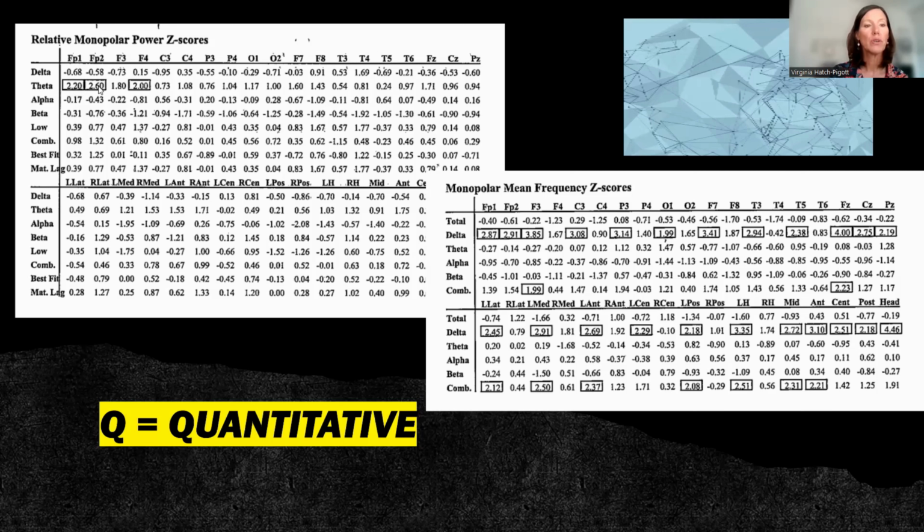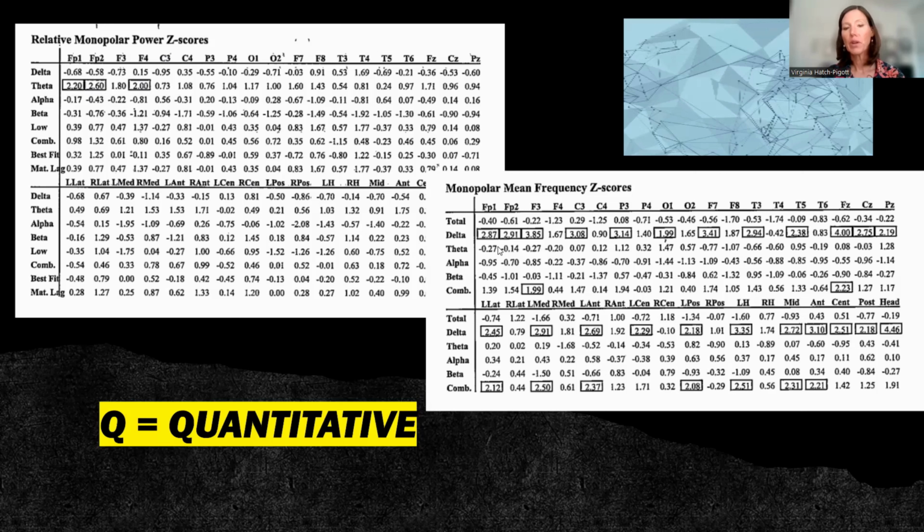At FP2, 2.6 standard deviations above the mean. And at F4, 2 standard deviations above the mean. So these are relative power scores, and you can see here where the abnormalities in this individual lie.